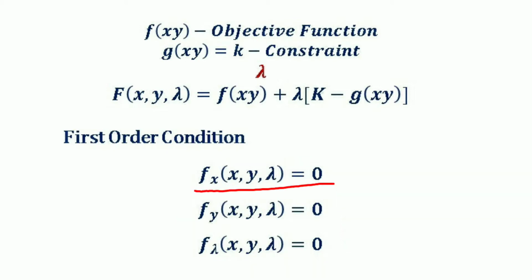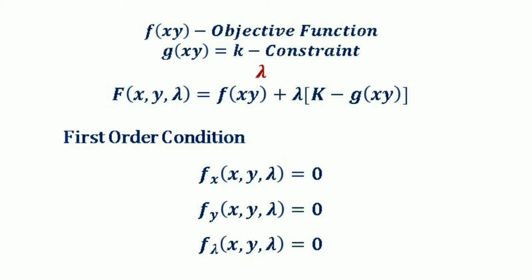That means we take the partial derivative of the Lagrangian function with respect to x, with respect to y and with respect to lambda, set them equal to 0 and solve simultaneously. This is the first order condition for optimizing an objective function with a given constraint.